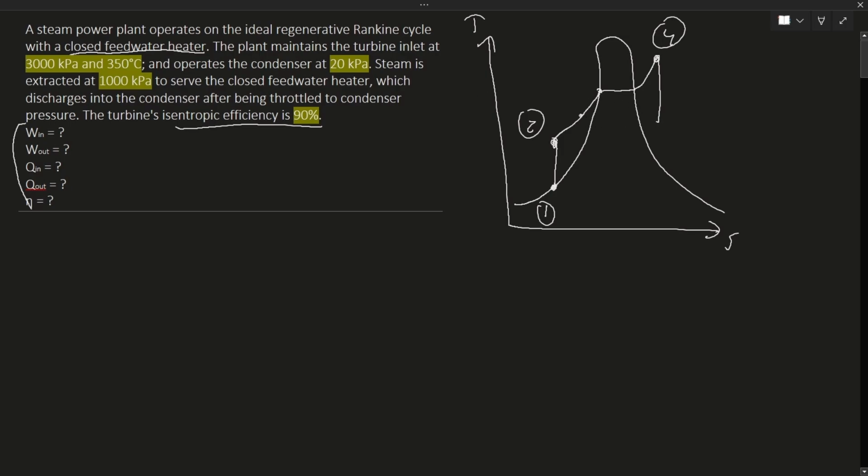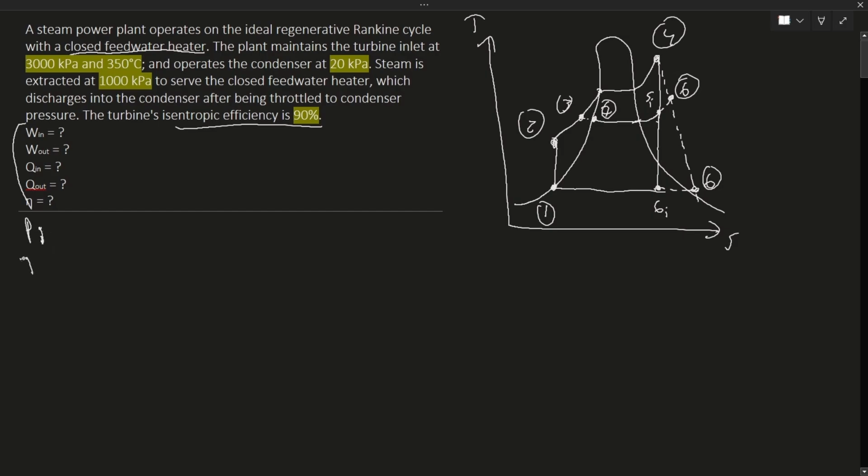Ideally, beyond point 4, it's going to be a straight line, but since there's an isentropic efficiency, it's going to look something like this. 6. That's it.